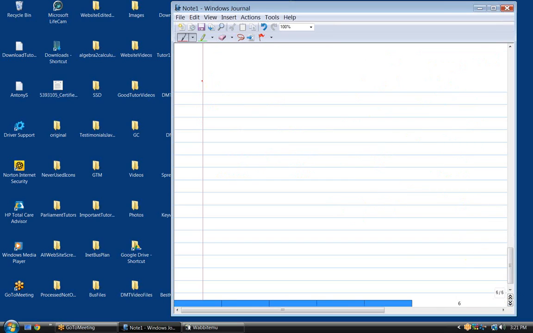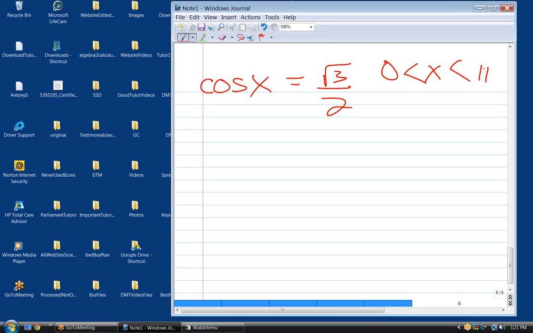Next one is cosine of x equals root 3 over 2, and 0 is less than x, which is less than pi.